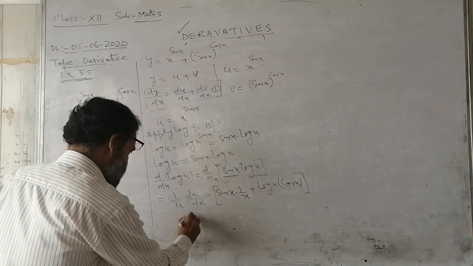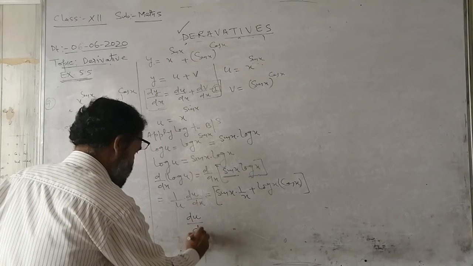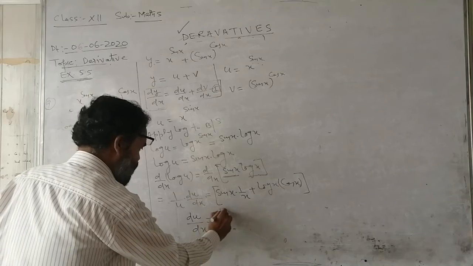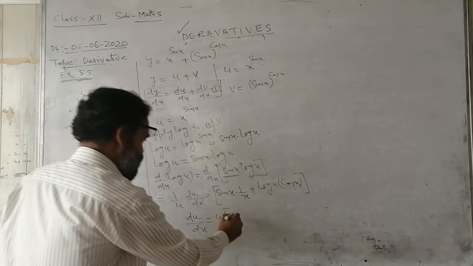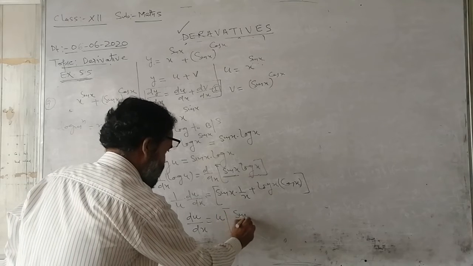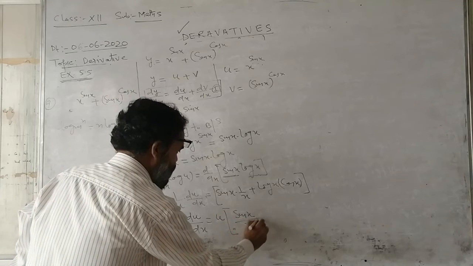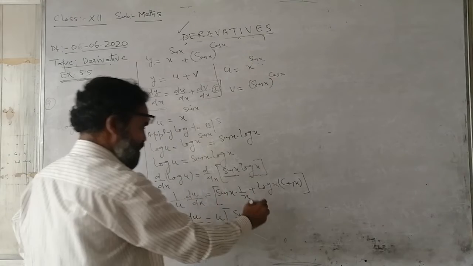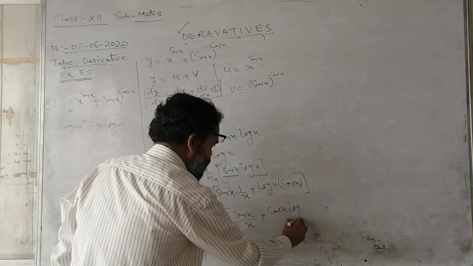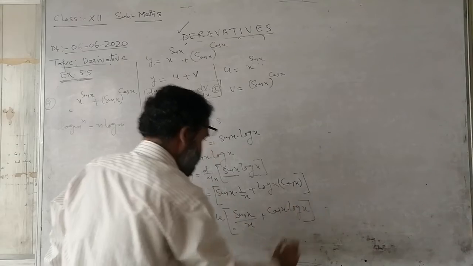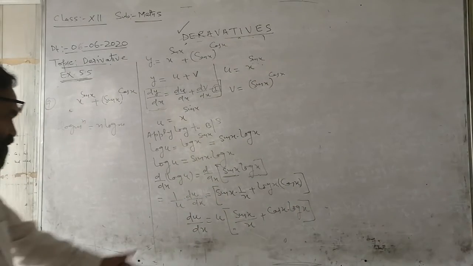So this is the derivative of the function u equal to x raised to power sin x. I can write this as du upon dx equal to u times sin x upon x plus cos x into log x. So this is the value of du upon dx.